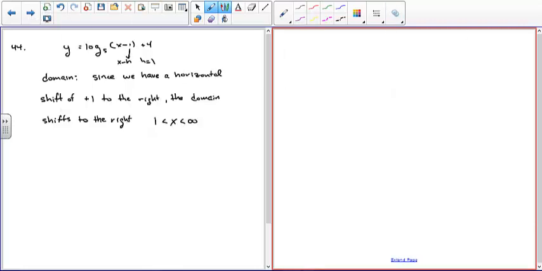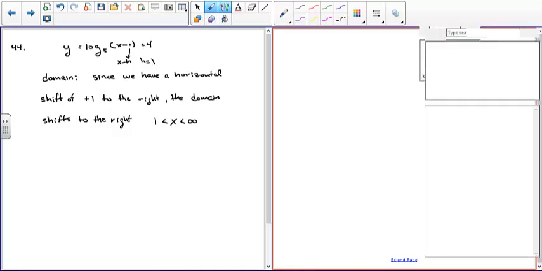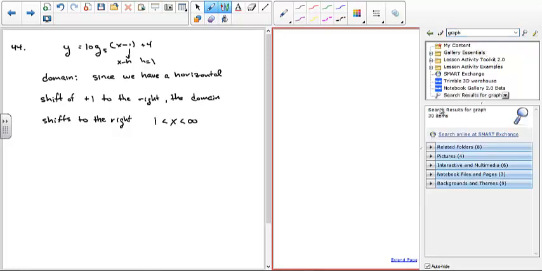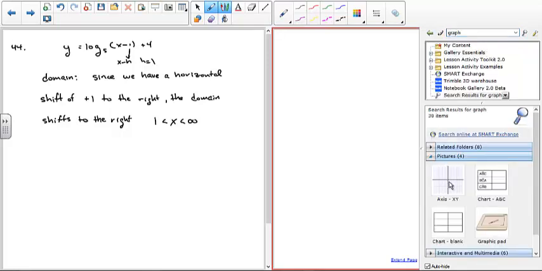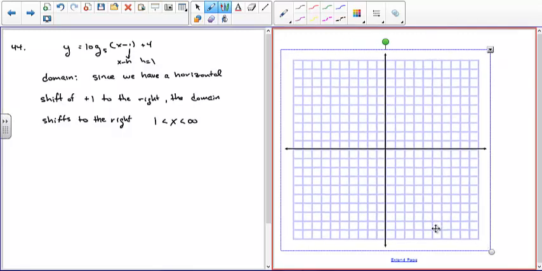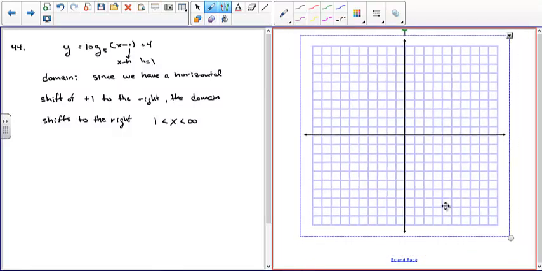So let's add a page, get some graph paper. We're going to plot the parent function. I'm going to make the axes go from negative 10 to 10.